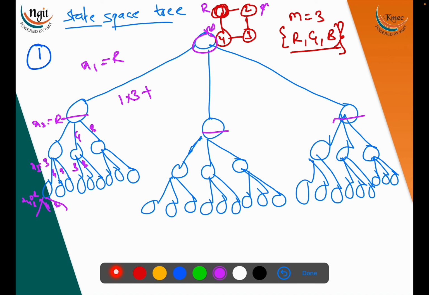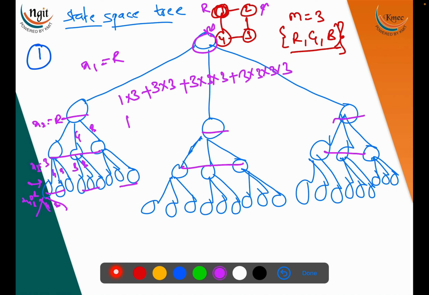In the second level, I have 3 nodes, that is 3 into 3. Plus, in the next level, 3 nodes multiplied with 3, that means 27, 3 into 3 into 3. In the next level, 3 into 3 into 3 into 3.